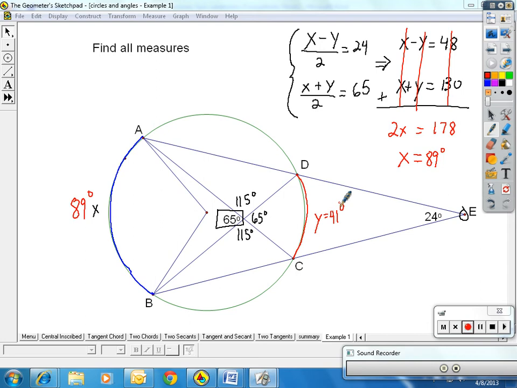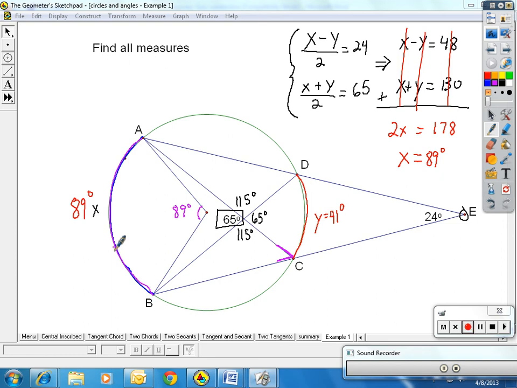Now, look at some of the other ones we know here. This is a central angle. So if that's a central angle, its arc is 89. Therefore, that one's 89 degrees. Looking at this angle here, the vertex is on the circle, and it intercepts this 89.